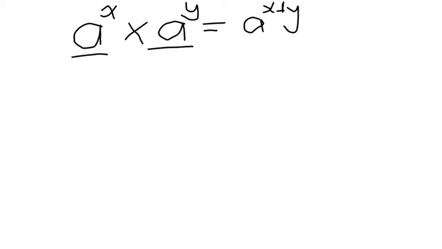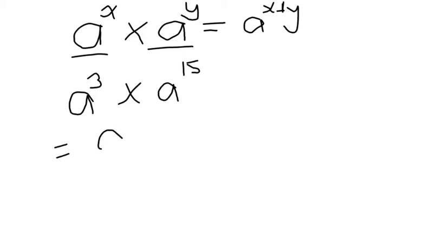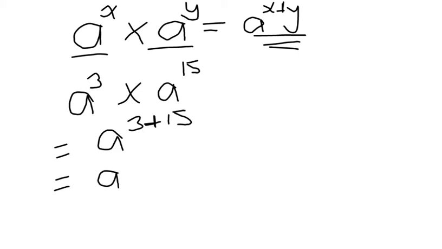So let's have an example of a, our base, to the power of 3 times a to the power of 15. Instead of writing out 15 a's, which would take us a while, our working out should look like a to the power of 3 plus 15, as we demonstrated from our new rule. So what is 3 plus 15? Our answer is a to the power of 18.